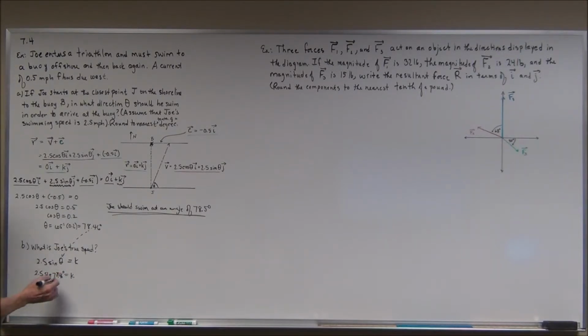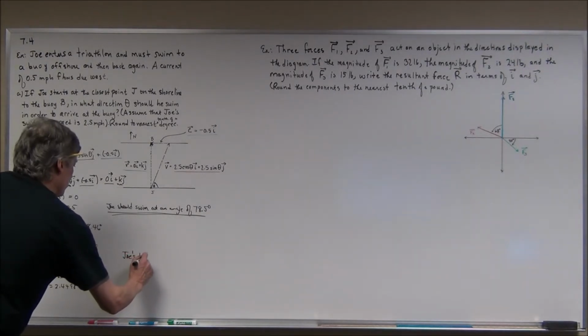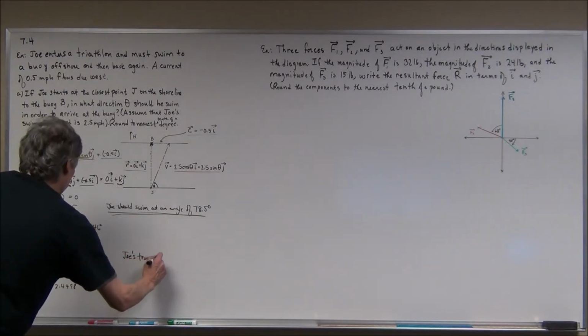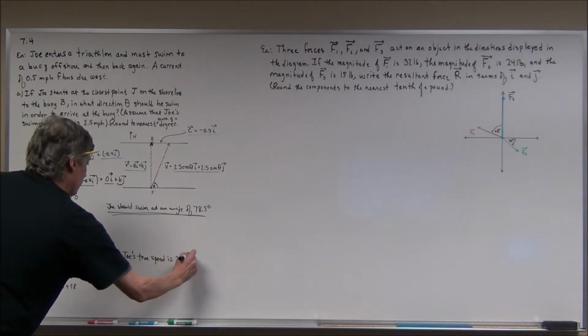Get my calculator busy again, and I'll find k to be 2.4498 approximately. So to the nearest tenth, this is in miles per hour, is it not? It is. In miles per hour, Joe's true speed is 2.4 miles per hour.